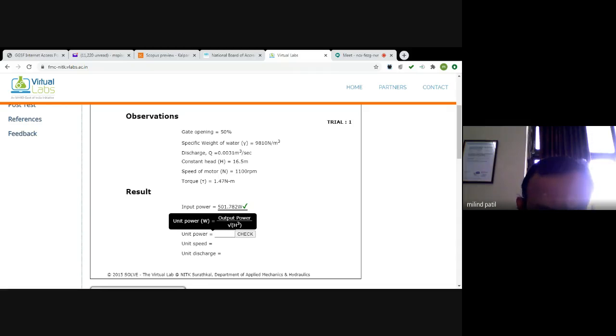Unit power is output power upon root of h cube. Answer is 2.53. So we'll put here. Pick your answer. Okay.